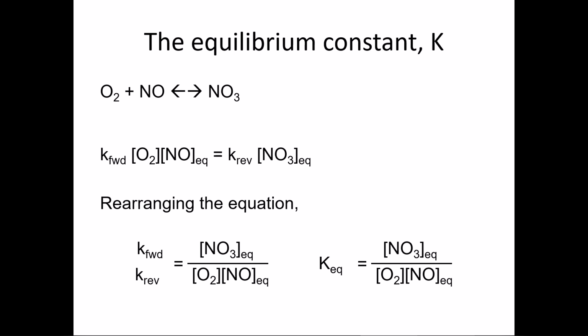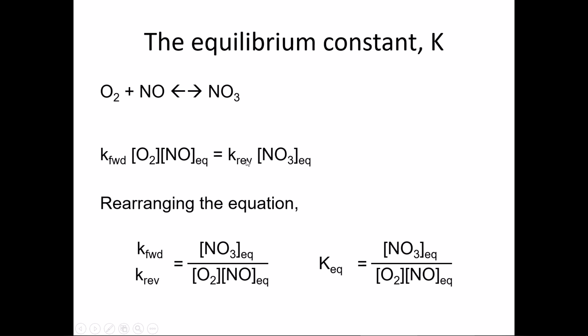And this goes back to what we talked about with our rates of reactions. For example, if we have O2 plus NO producing NO3 as our equilibrium reaction, we could write the rate of our forward reaction as our rate constant k times our O2 times our NO going forward, and at equilibrium that would equal the rate of the reverse, which would be some other rate constant k times our NO3.